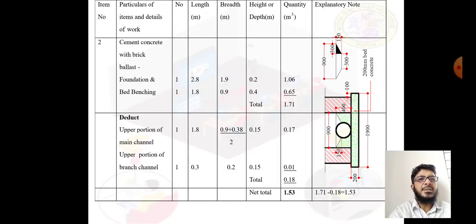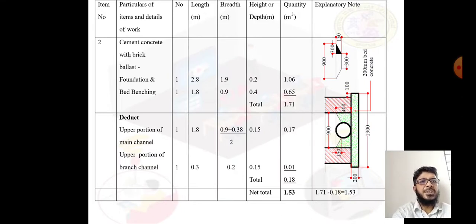Its height is 0.15 meter, meaning that much depth of benching is cut to provide the branch sewer. So total quantity is number 1, its length is 0.3. This length 0.3 is perpendicular to the axis of the main sewer, okay.